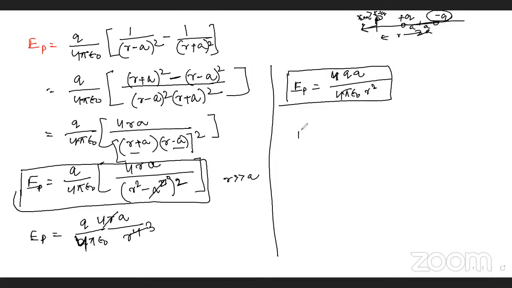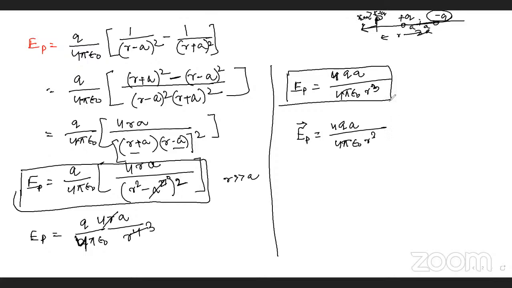So this is the magnitude. Because electric field is a vector, we can also write it in vector form: 4qa by 4 pi epsilon naught r cube, with direction along E plus q.